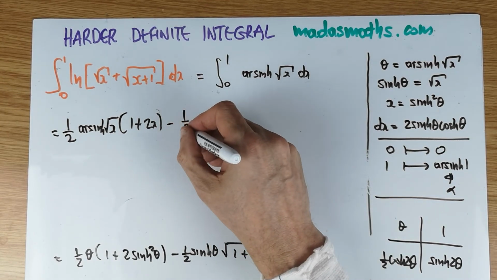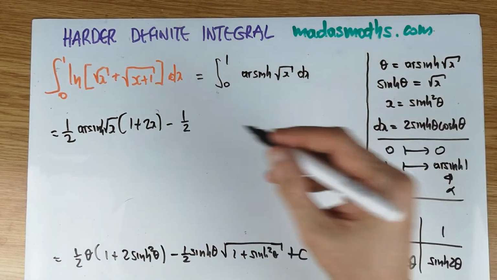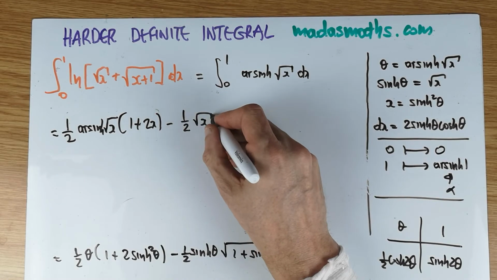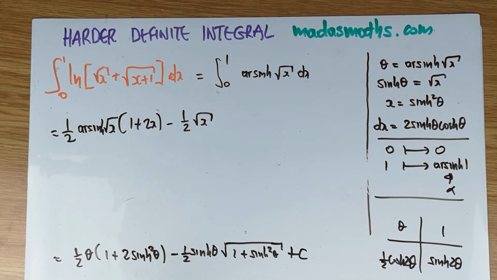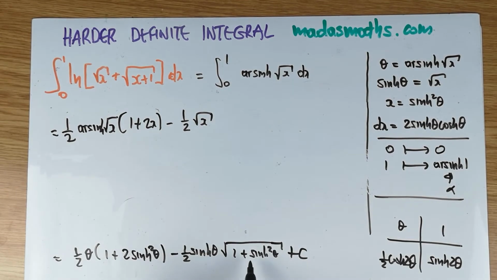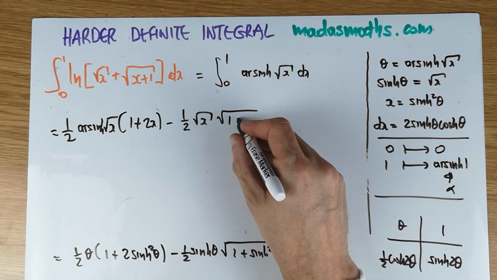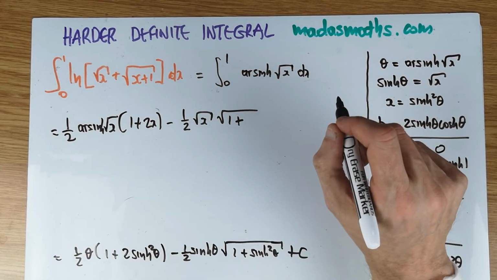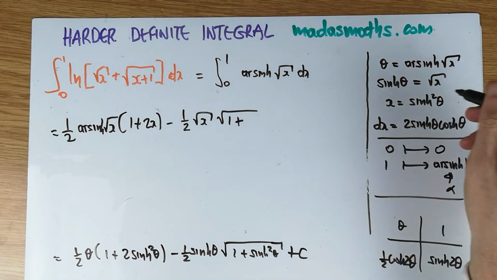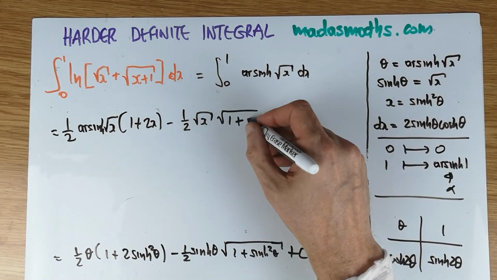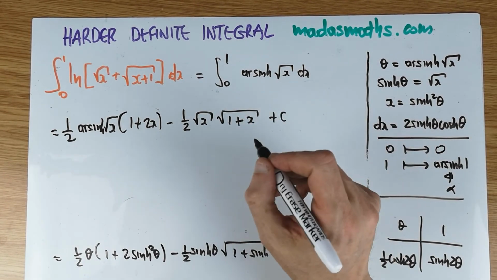Minus a half. The sine of theta is the square root of x. And 1 plus sine squared of theta is going to be another square root there, and that's 1 plus sine squared, which is another x plus c.